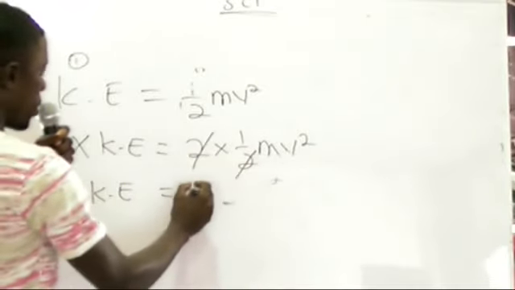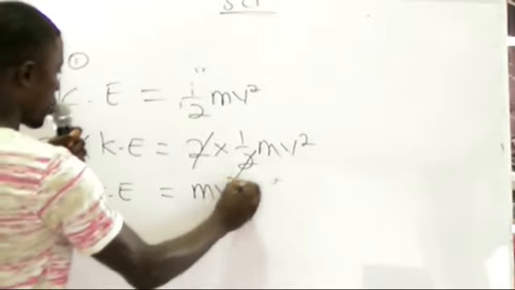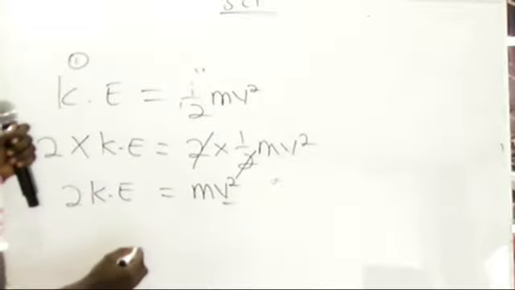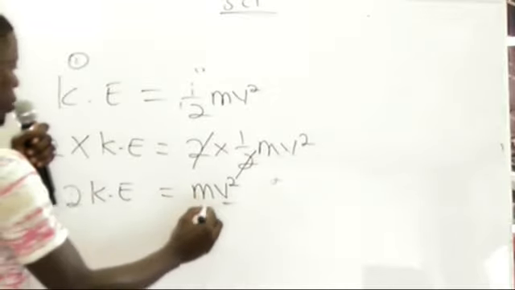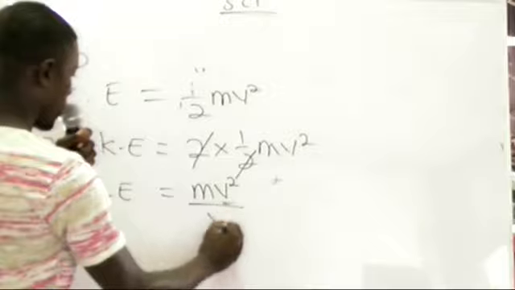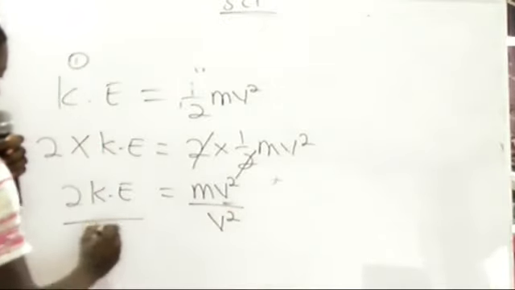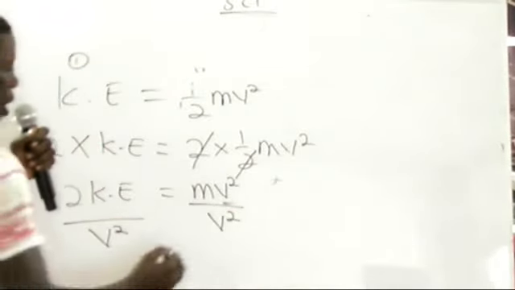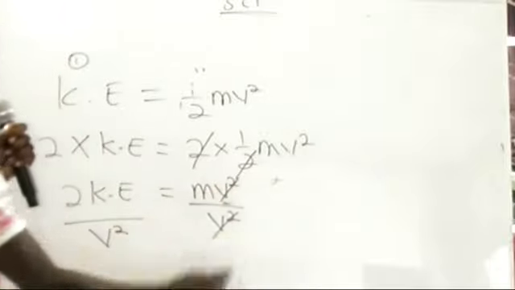So you have mv squared. We are making m the subject. So you divide both sides by v squared, so that this v squared will cancel this v squared.